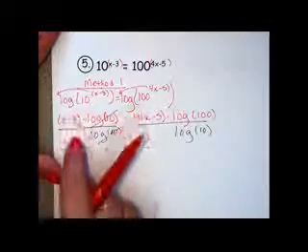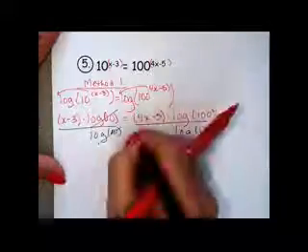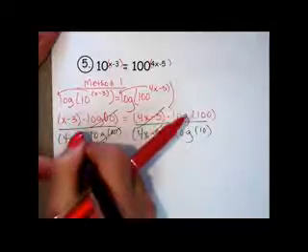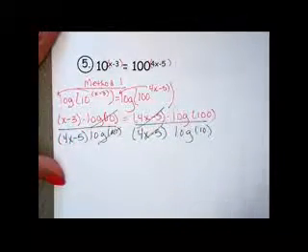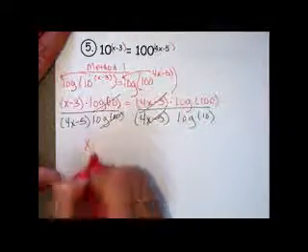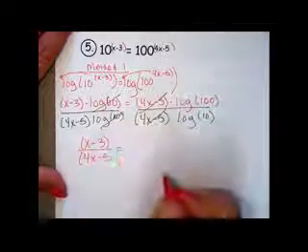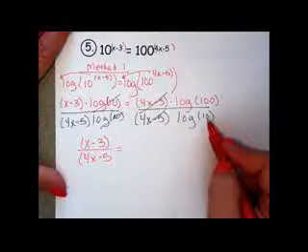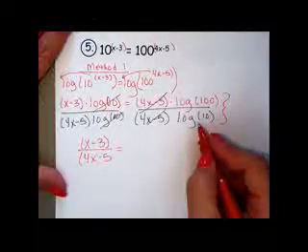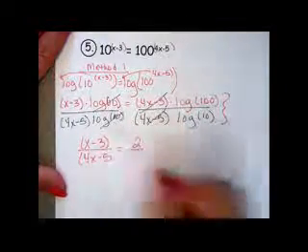I want my x's together on the left. So I need to get rid of this 4x minus 5. So I'm going to divide by 4x minus 5 on both sides. So let me rewrite what I have now. Now I have x minus 3 divided by 4x minus 5 equals log of 100 divided by log of 10. If you calculate this, log of 100 divided by log of 10, you get 2.